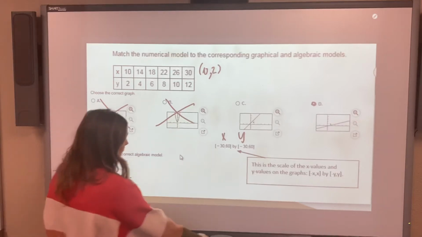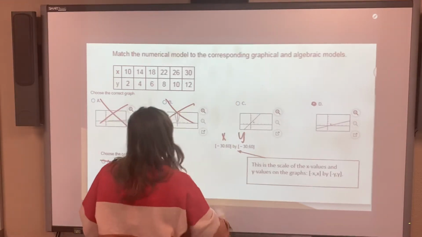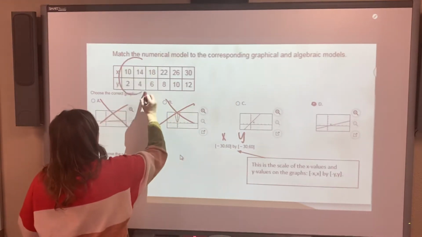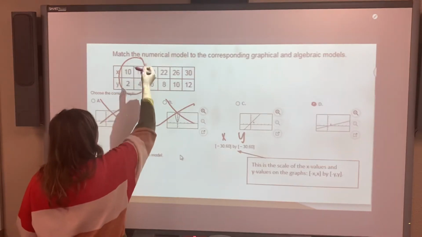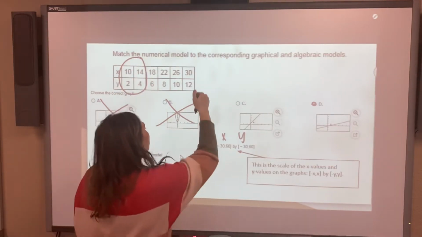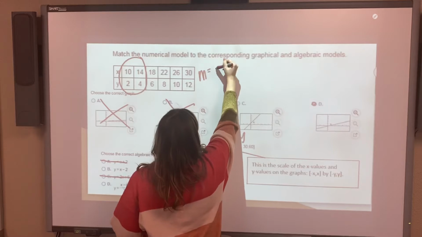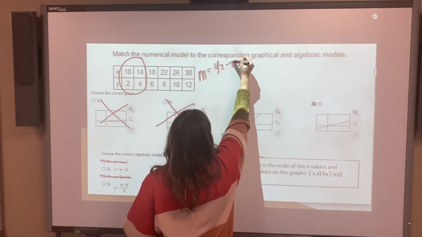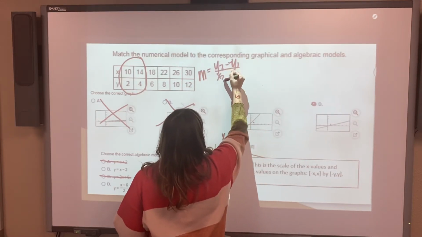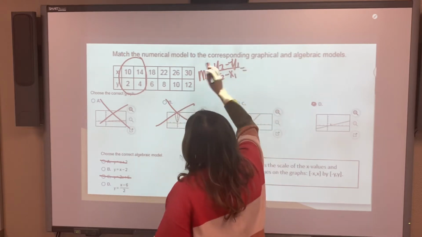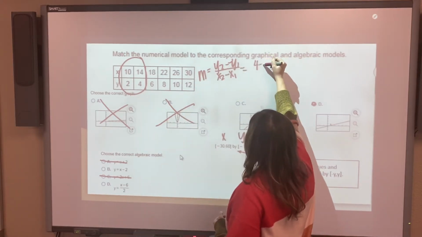Another thing we can look at is slope. If we pick two points, (10, 2) and (14, 4), remember from our prerequisites, we have y2 minus y1 over x2 minus x1. The difference in y's, I'm going to say 4 minus 2.